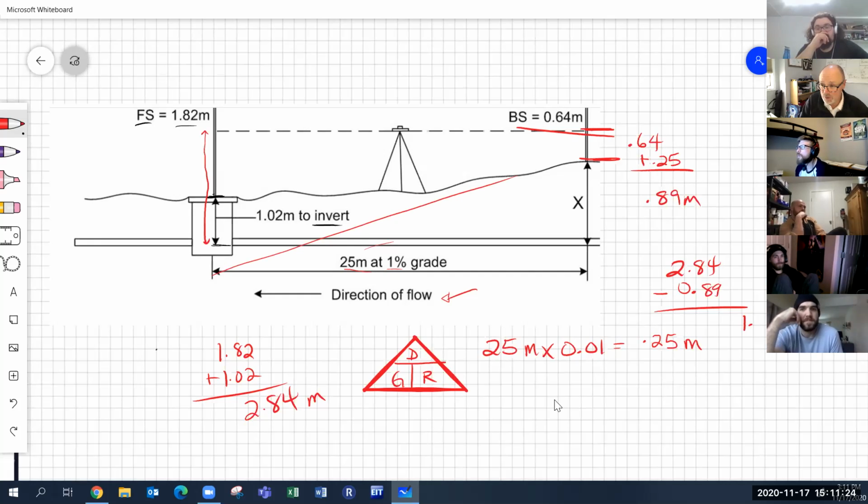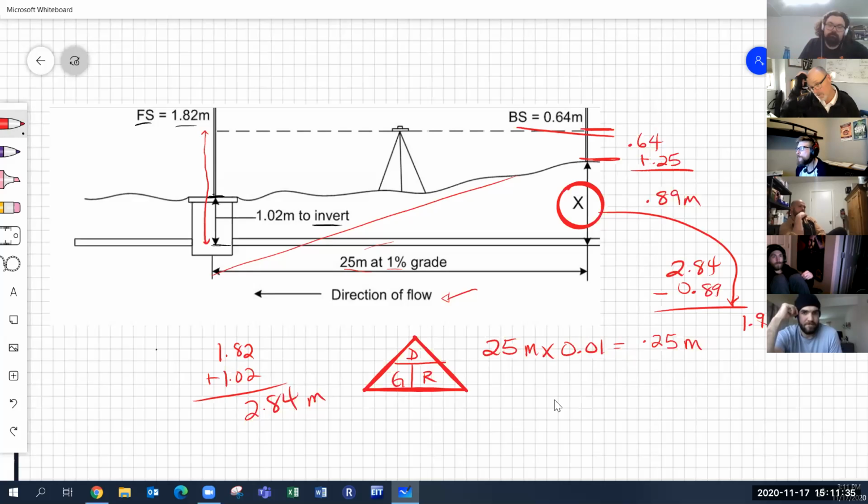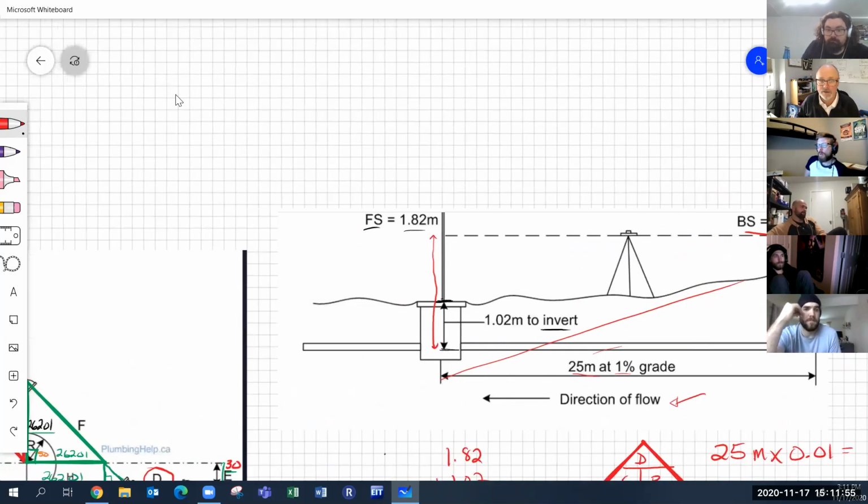And that comes to 1.95 is X. How's that? Got it down? Yep. All right.